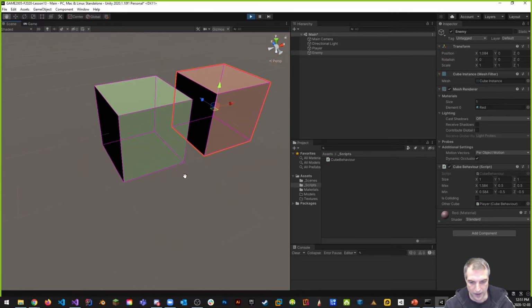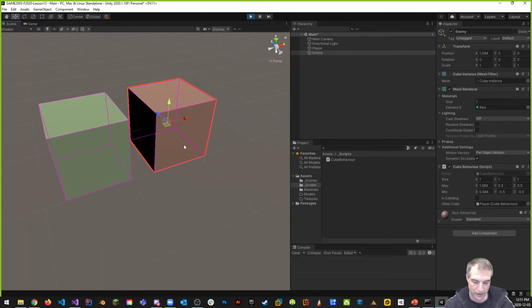Okay, on that, I can detect other things like floors, whatever. And we also have to count the scale. We haven't taken into account the scale of an object either because we're using a mesh. We're assuming that the scale is 1, 1, 1. Changing that is going to change our min and maximums.